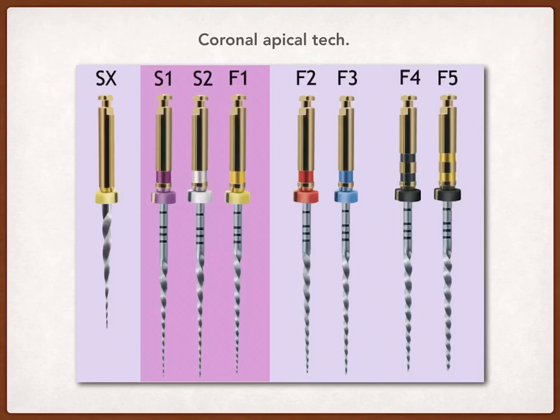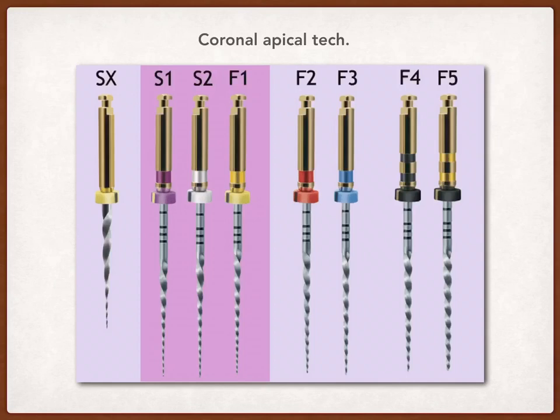Then we will use the shaping files S1 and S2 to shape the root canals and prepare the coronal part of the canals, with the F1 file, which will finish the root canal system and clean the apical and middle parts of the canal.